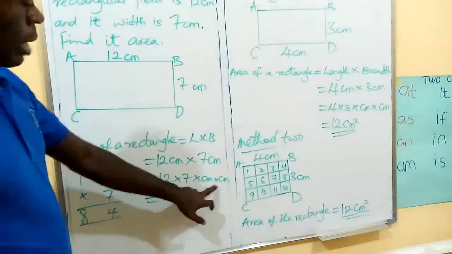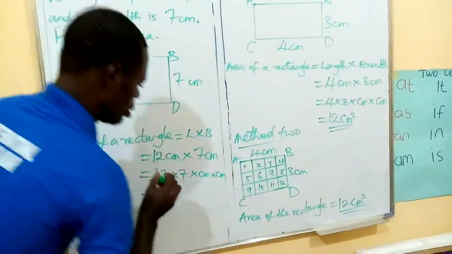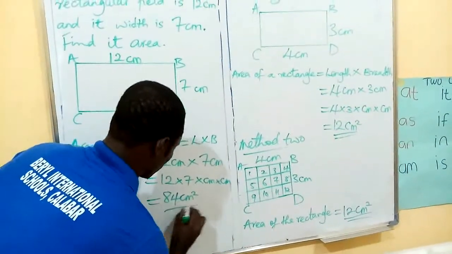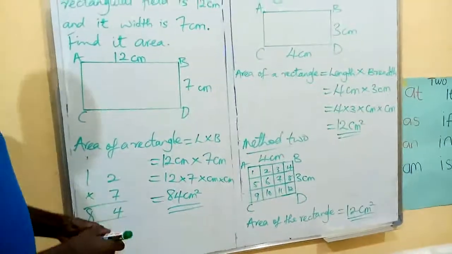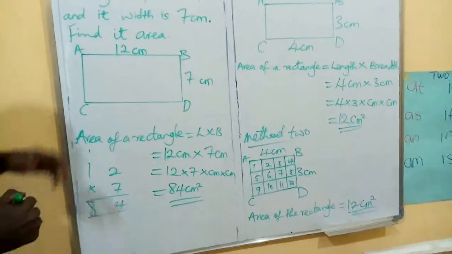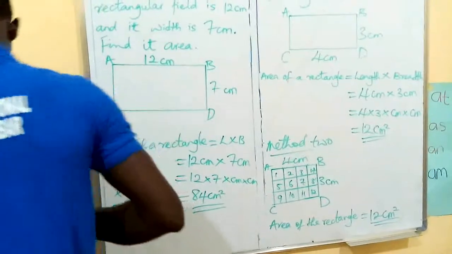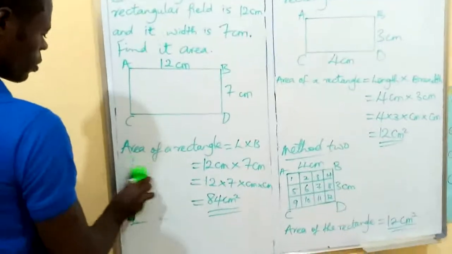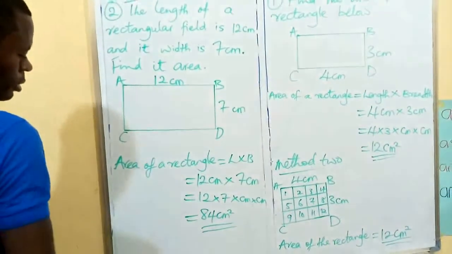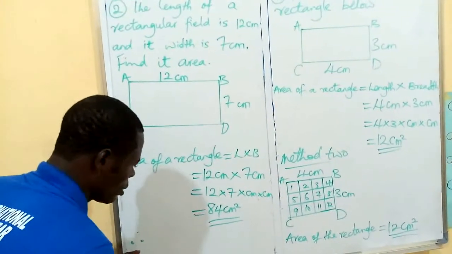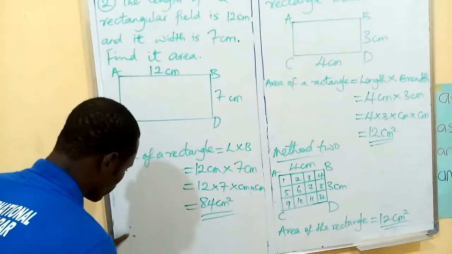Alright? Cm times cm is cm squared. Alright, that is our answer. So the area of the rectangular field is 84 centimeters squared. So we can write it this way. This sign stands for therefore in mathematics.